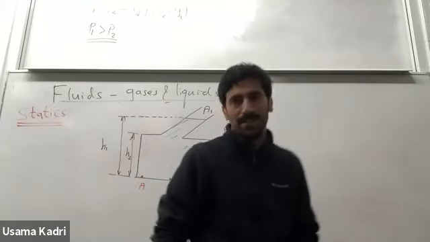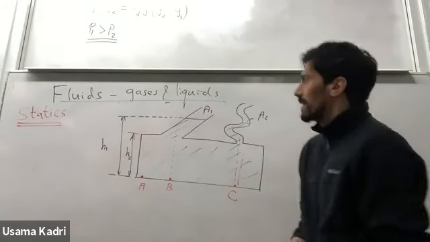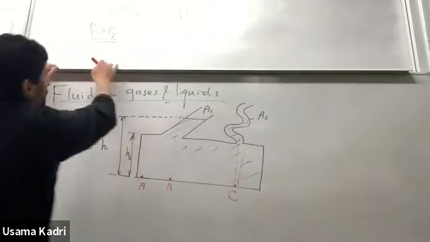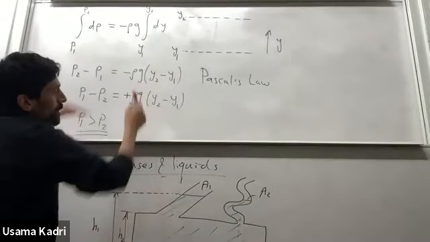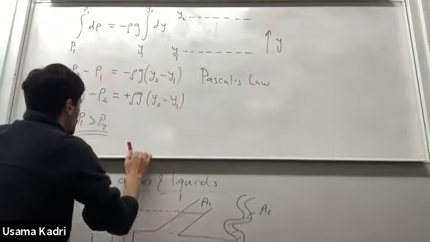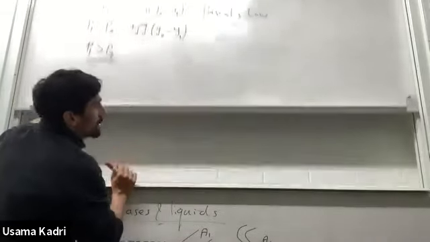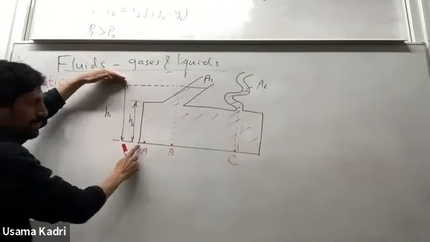That's the correct answer. Why all the same? They have to be the same. Remember, Pascal's law says what's important is the height between the 2 points, I mean the surface. This is the surface, and this is the bottom.